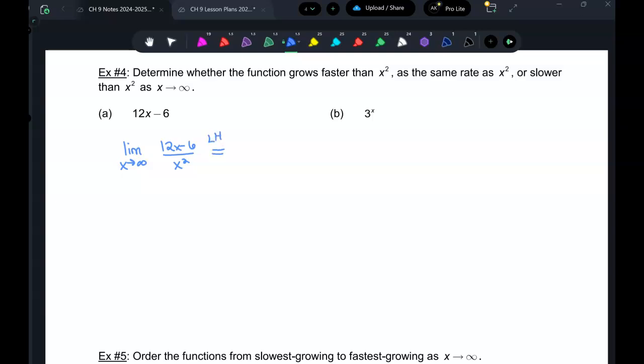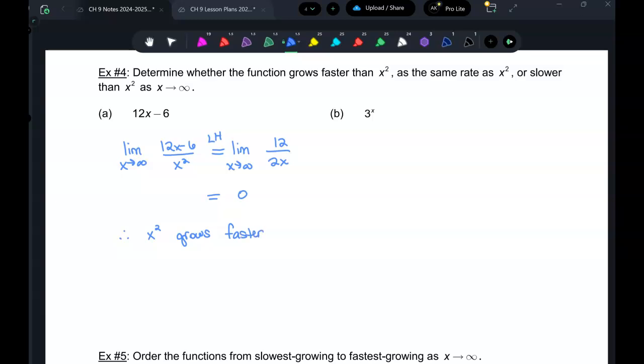If it says determine, I mean, listen, I'll tell you on the homework, we'll come up with the shortcut. If it says to show or verify, then you do have to do L'Hopital's rule if necessary for these. So this will be 12 over 2x, which gives us therefore zero. Well, I did it the other way around. Therefore, x squared grows faster.